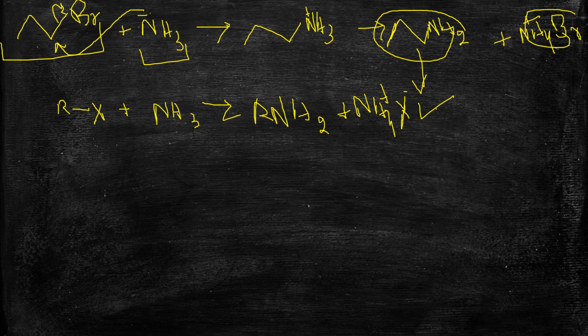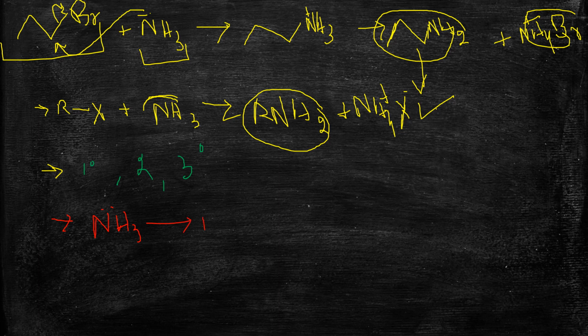Now after this, the second thing that you got to remember is that we would not get only primary amines, we get a mixture of primary, secondary, and tertiary amines, right? The third thing that you got to remember is that we add ammonia in excess, and adding ammonia in excess has two reasons.